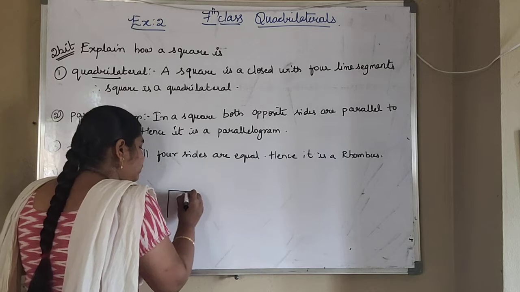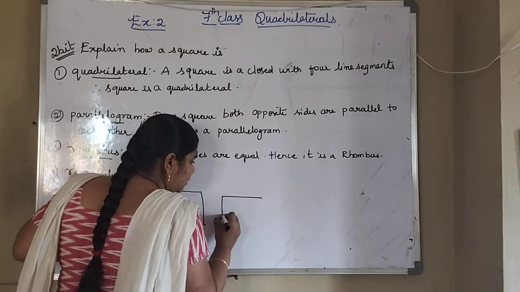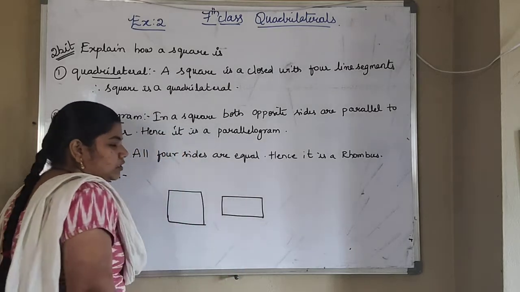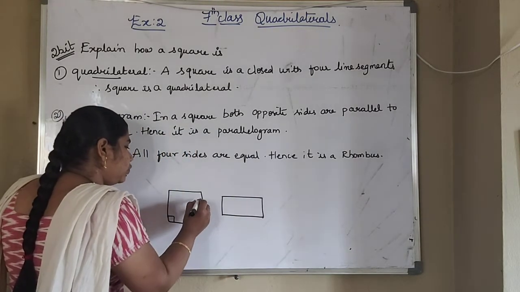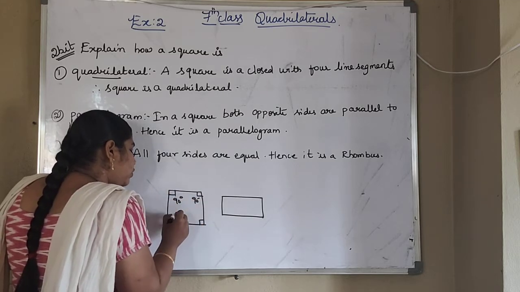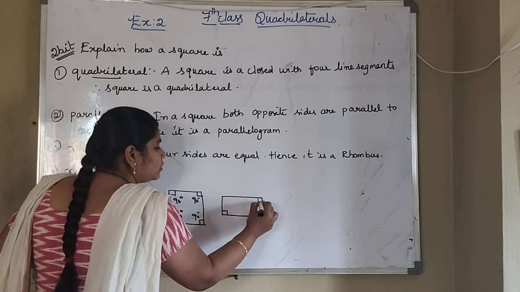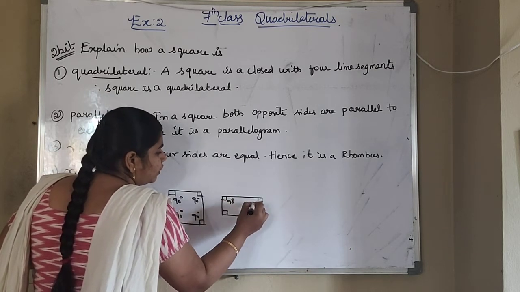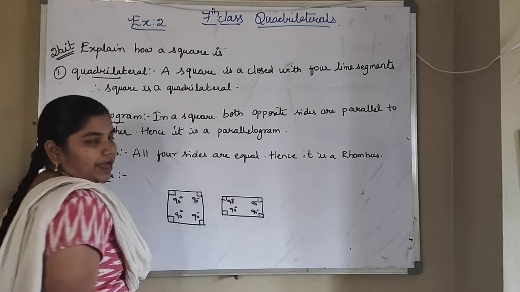In a square, if you see, this is a square and this is a rectangle. In a square all the angles are right angles, that is 90 degrees, and also in a rectangle all the angles are 90 degrees. So by using this condition you can say, hence it is a rectangle.